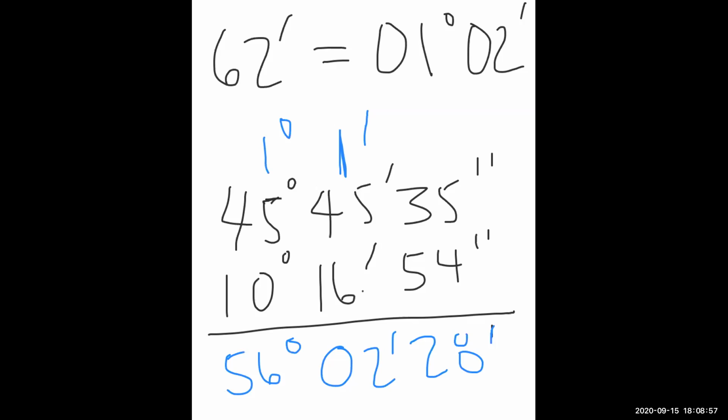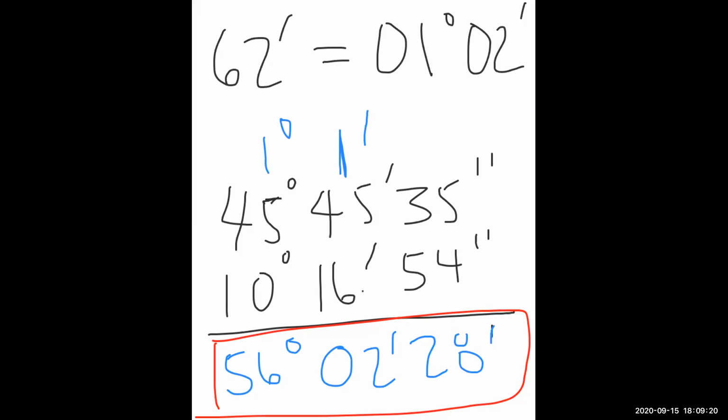And that's our final solution. Okay, so I have 56 degrees, 2 minutes, and 28 seconds. The 28 is less than 59. The 2 is less than 59. And the 56 is less than 90.